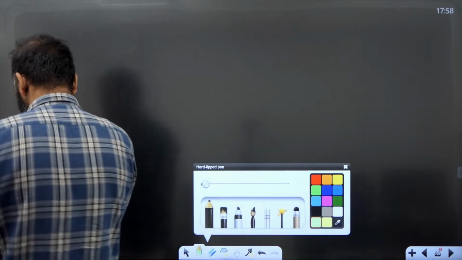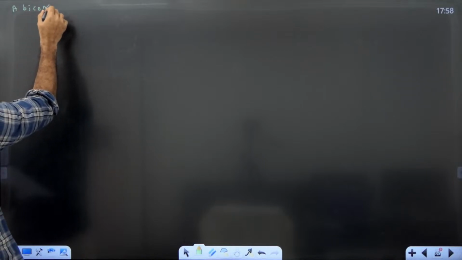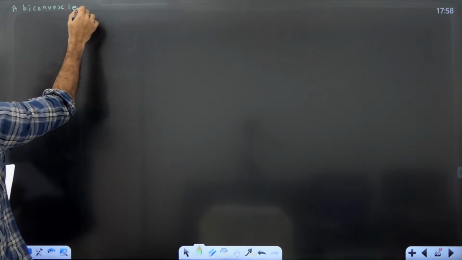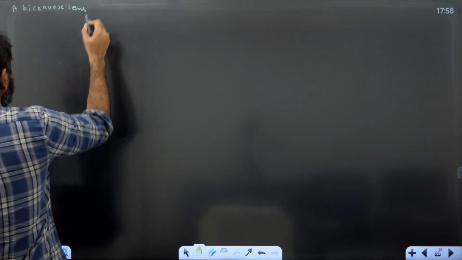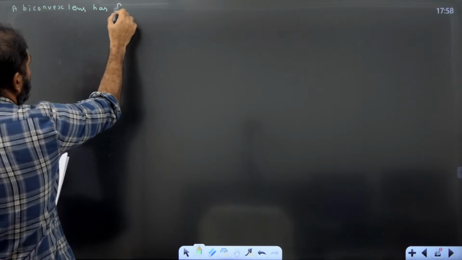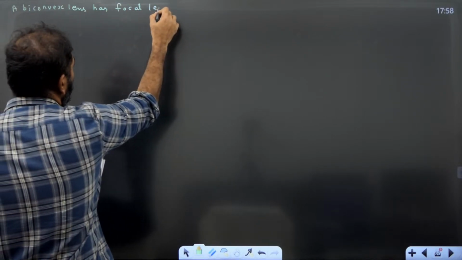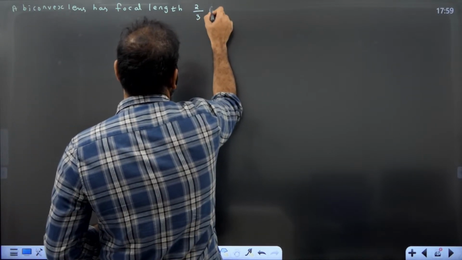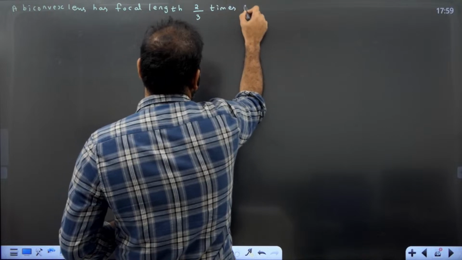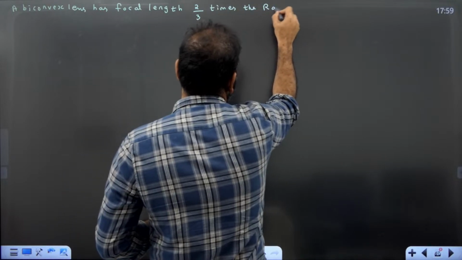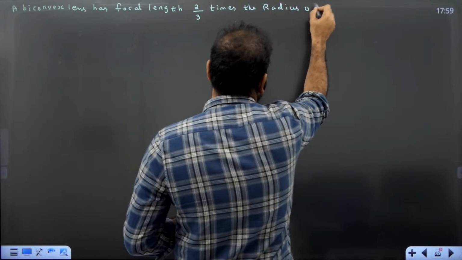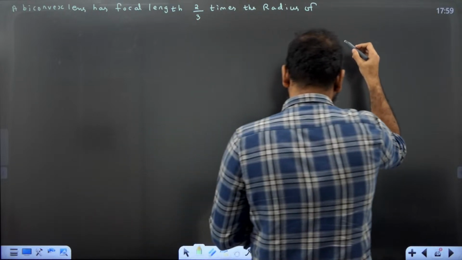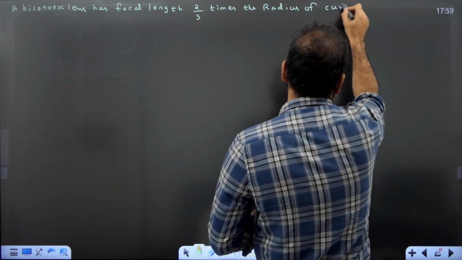Pay attention. A biconvex lens has focal length 2/3 times the radius of curvature of either surface.